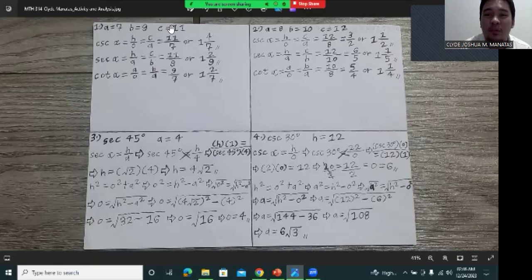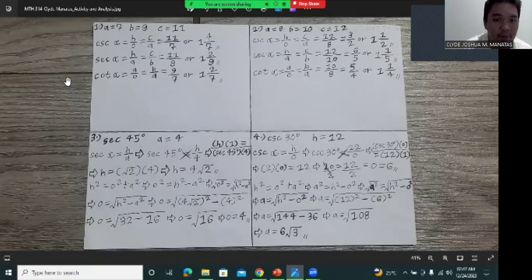For number 2, it is 12 over 8, which we can simplify as 3 halves or 1 1/2. Then secant alpha is 12/10, or we can simplify as 6 over 5 or 1 1/5. Then the cotangent alpha is 10 over 8, which we can simplify as 5 over 4 or 1 1/4.